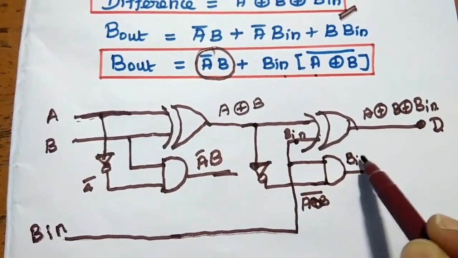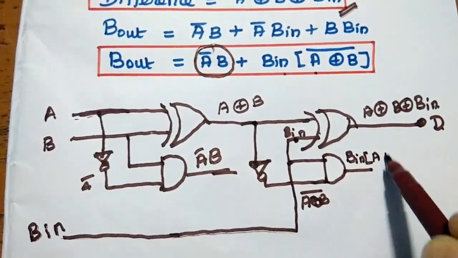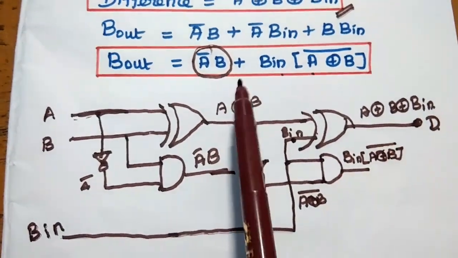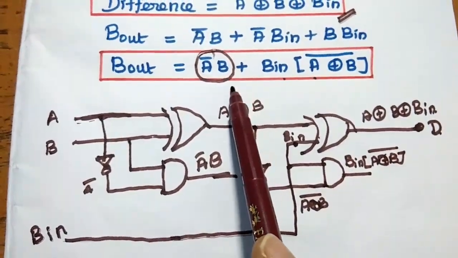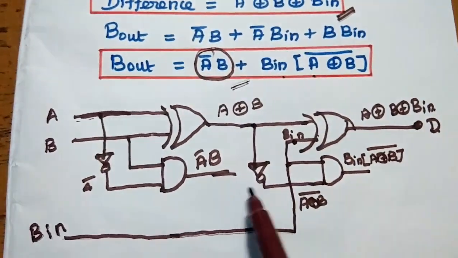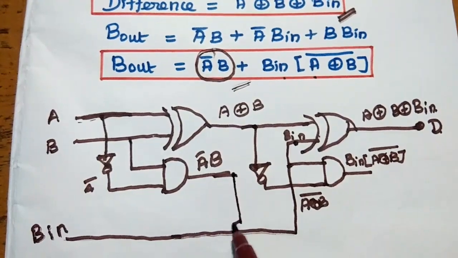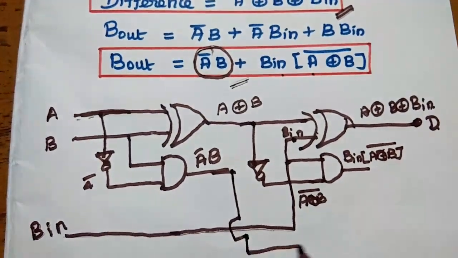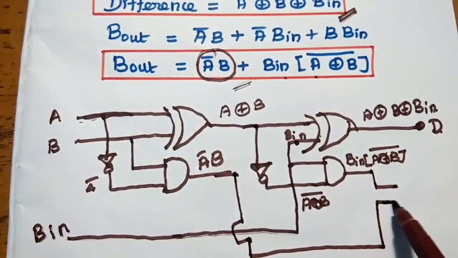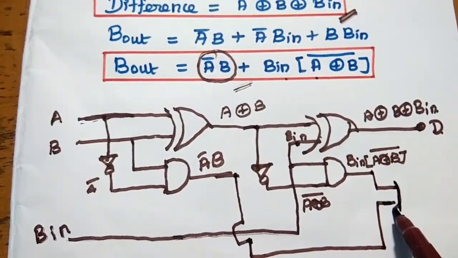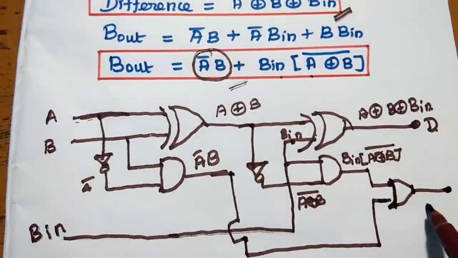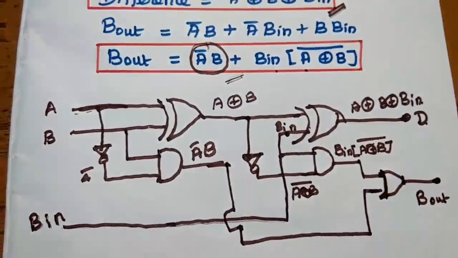Here we obtain B in multiplied with the complement of A XOR B. Now we need one OR gate to add these two terms. So we take this A bar B and the output of this second AND gate. Both are given as input to one OR gate. So now we can obtain the borrow output.